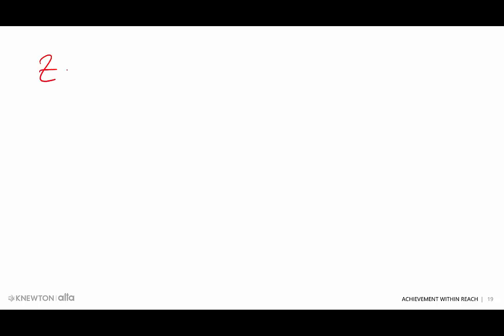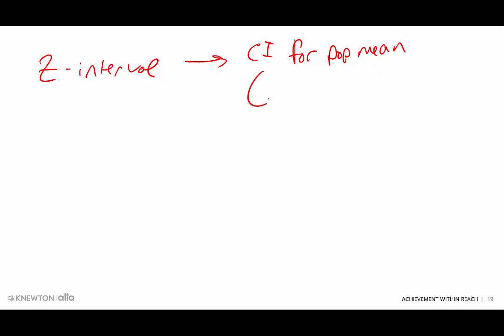You use a Z interval whenever you're trying to calculate a confidence interval for a population mean when the population standard deviation is known. Population standard deviation is known.